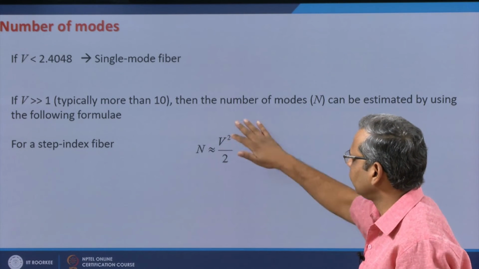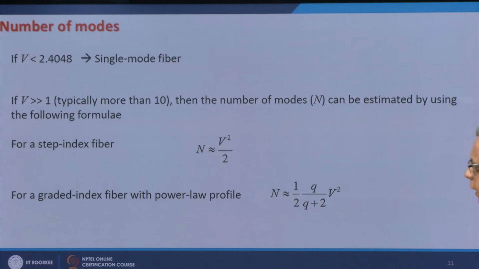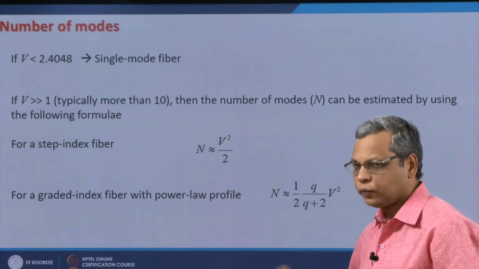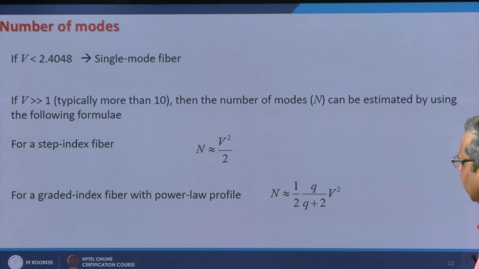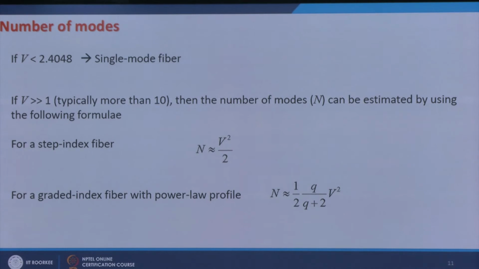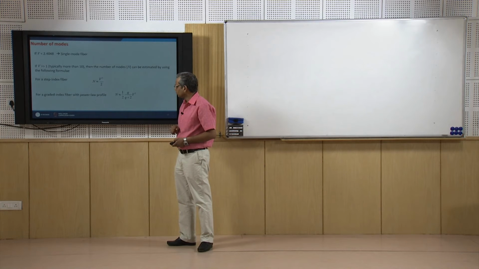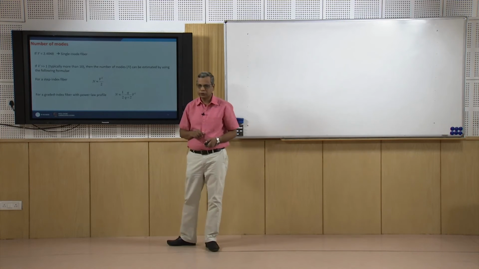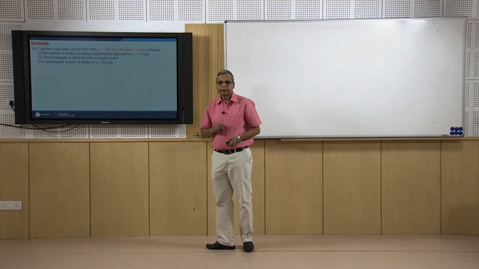The approximate number of modes is V square by 2, and for a graded index fiber with power law profile, which is characterized by profile parameter Q, the number of modes can be estimated by half of Q over Q plus 2 times V square. So, if it is parabolic index fiber, then Q is equal to 2, then the number of modes would be V square by 4.